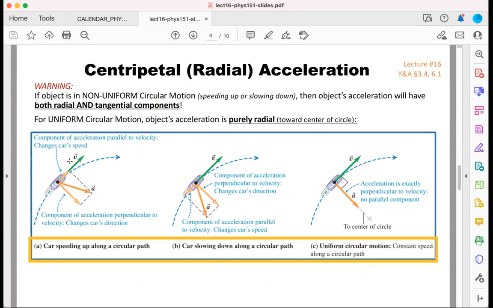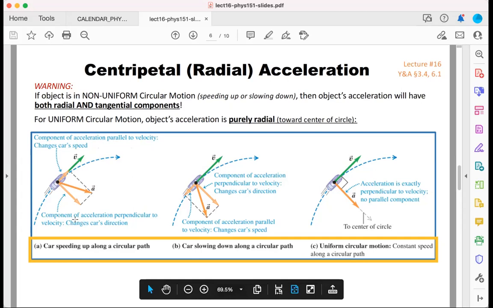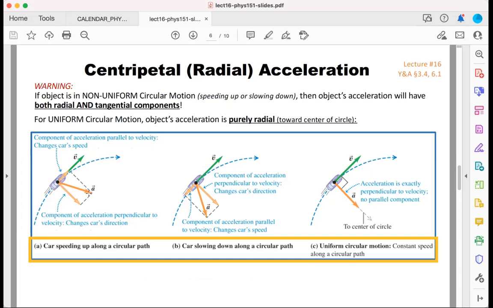Then we can have different components. The component of the acceleration parallel to the velocity can change the car's speed, while the component of the acceleration perpendicular to the velocity changes the car's direction. So here we have an acceleration which is a composition of different accelerations.